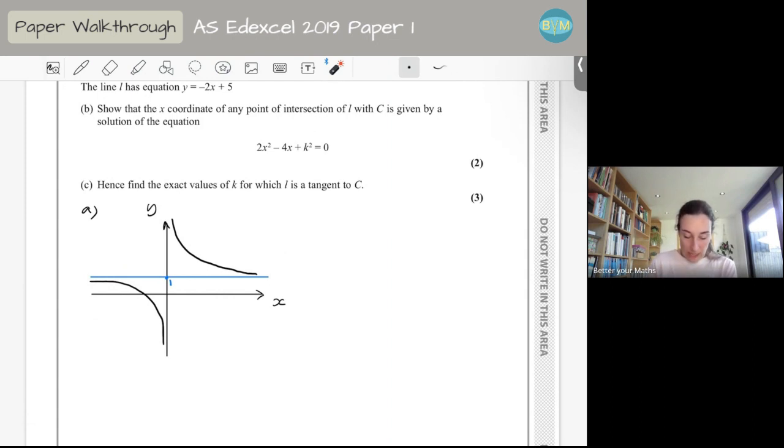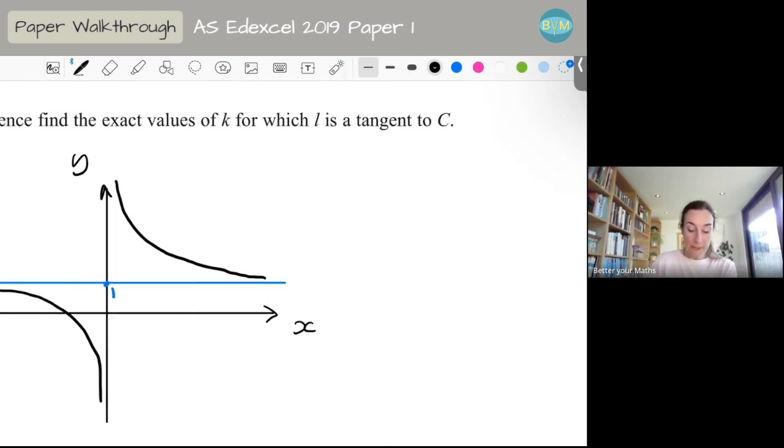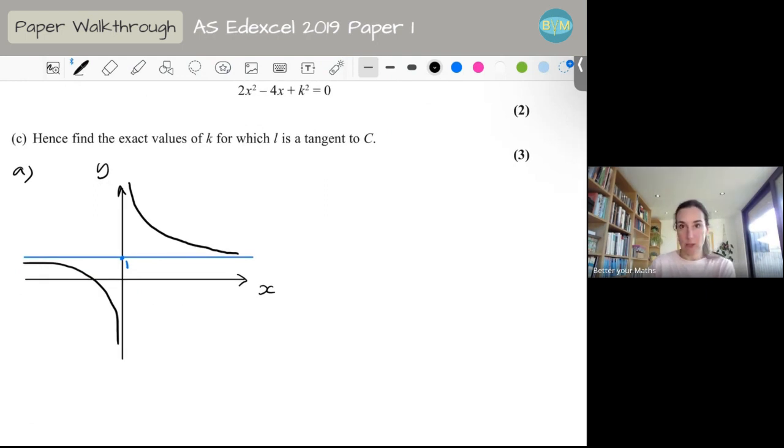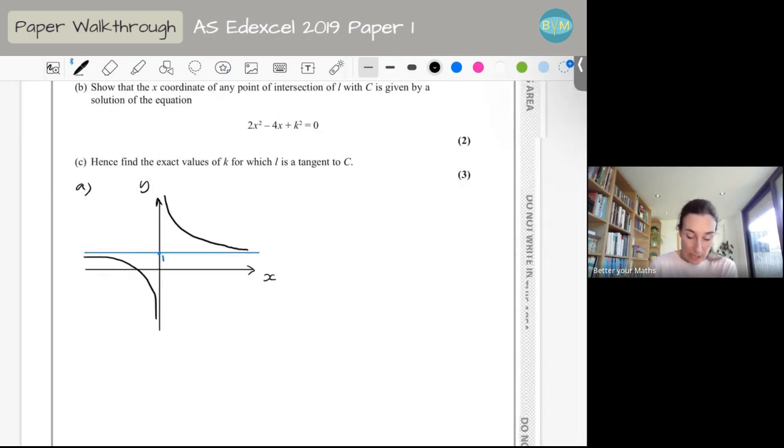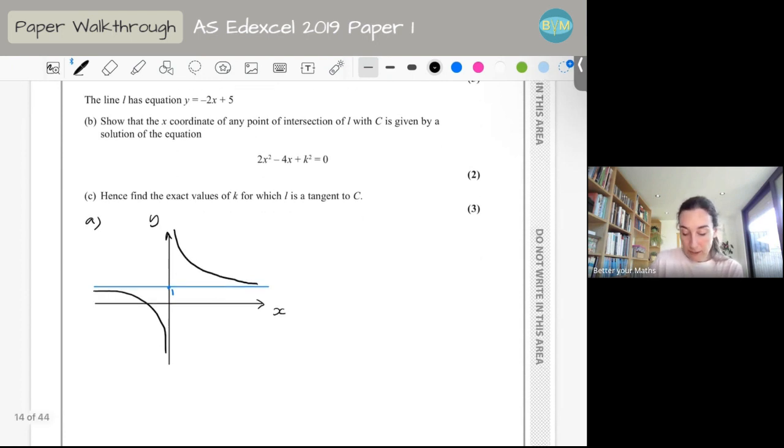When you represent graphs that have asymptotes, please be careful not to draw them touching. Please don't do this by accident or just because you draw quickly. It has to be clear that they are asymptotes and they don't touch. So this is your graph. And they say, stating the equation of the horizontal asymptote, which is y equals 1. So that's the asymptote.